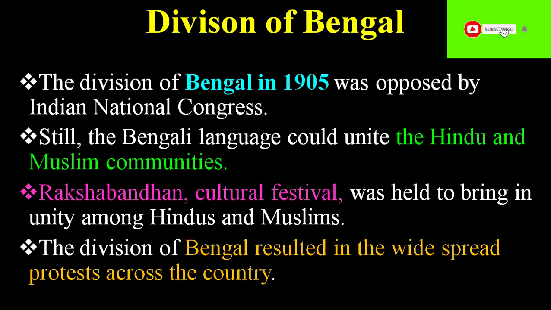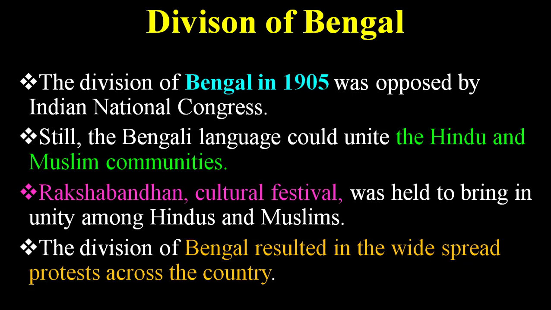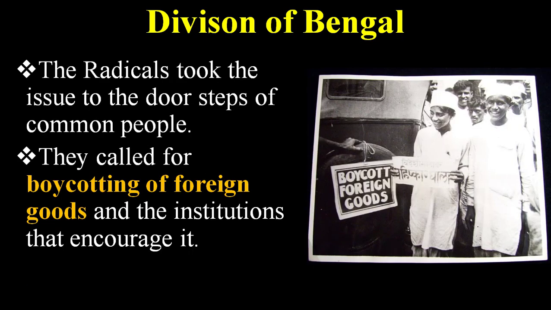The division of Bengal resulted in widespread protests across the country. The radicals took the issue to the doorsteps of common people. They campaigned for boycotting foreign goods and the institutions that encouraged them, going door to door.